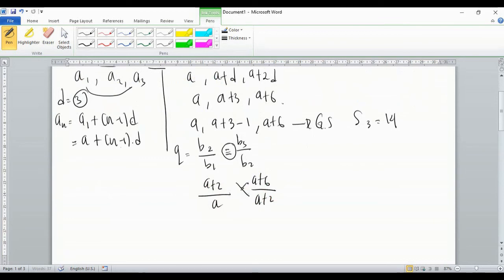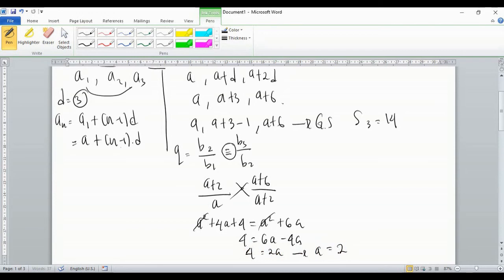So you need to multiply them with each other. The result will be A square plus 4A plus 4 equal to A square plus 6A. We can cancel A square with A square, and then 6A minus 4A. 4 is equal to 2A, and then we get A equal to 2.